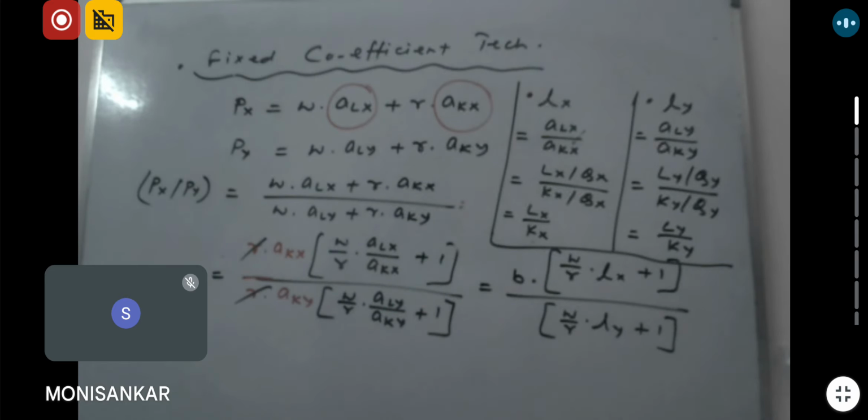When K by L rises, Qx by Qy rises or falls. That means when high K by L, high impact on the production of labor intensive goods. The relative supply of labor intensive goods will increase. But this time our objective is to find out the price definition. So w by r, Px by Py, their relationship.